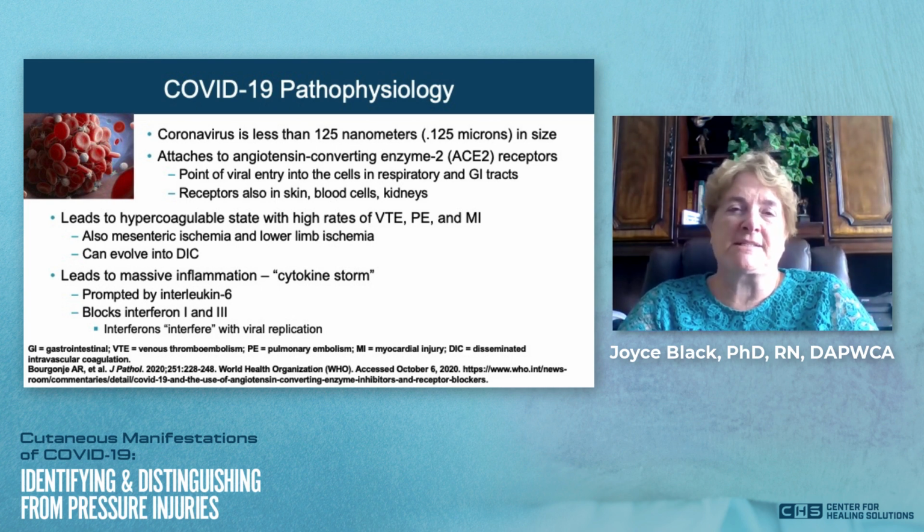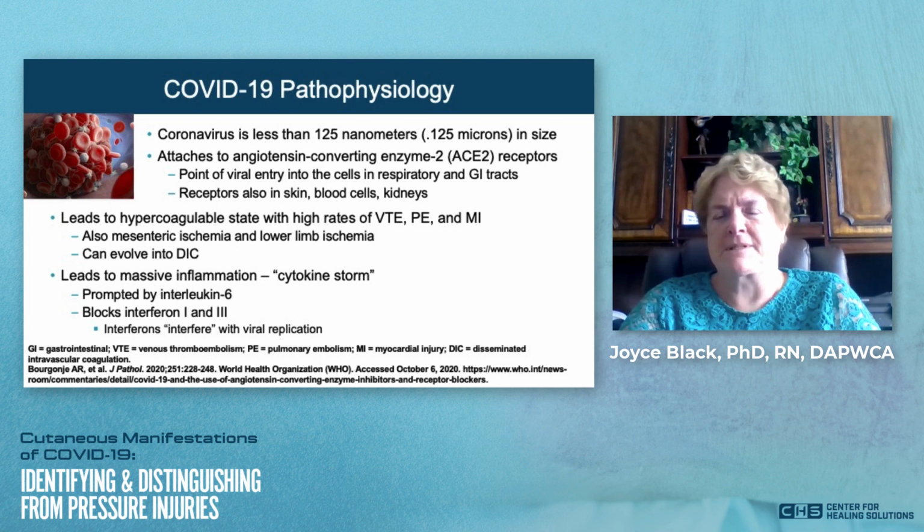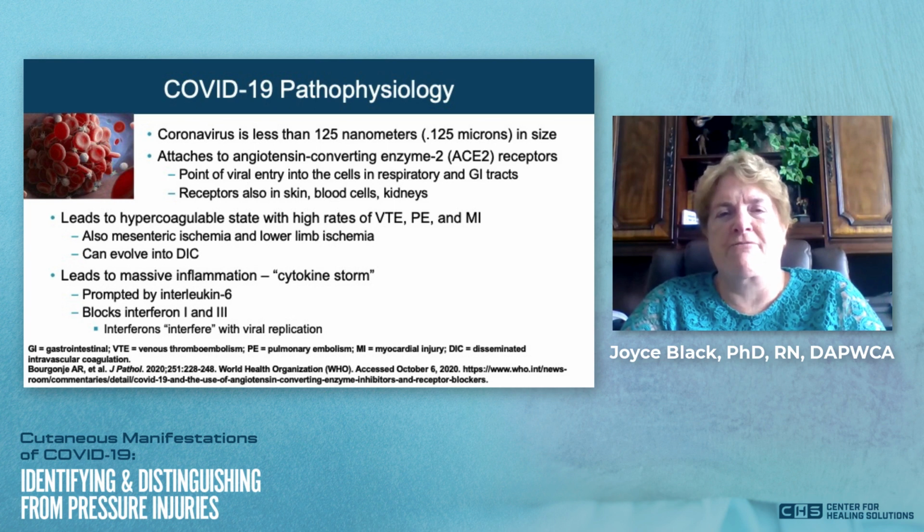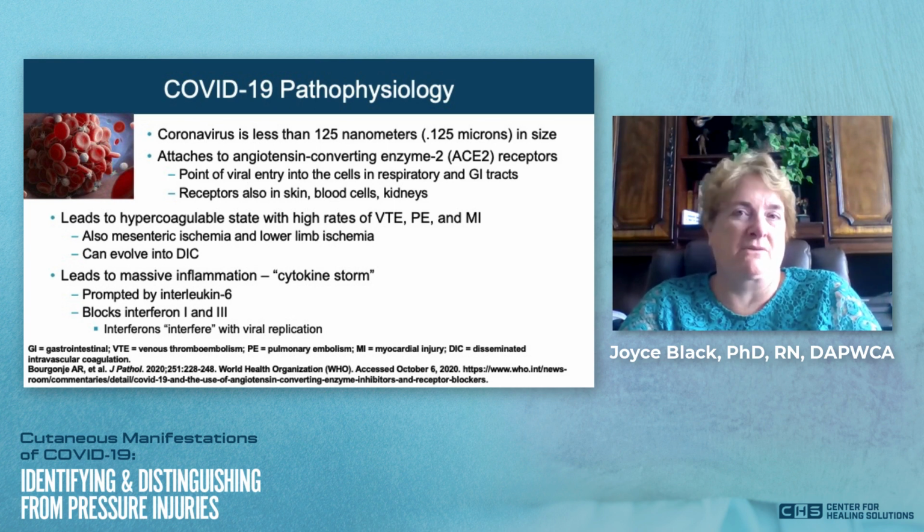As far as the virus itself, it's pretty small. It's only 125 nanometers in size, but mighty. This is a small but mighty virus. And what it does pathophysiologically is it attaches to the angiotensin converting enzyme receptors. Those receptors are found predominantly in the lung.